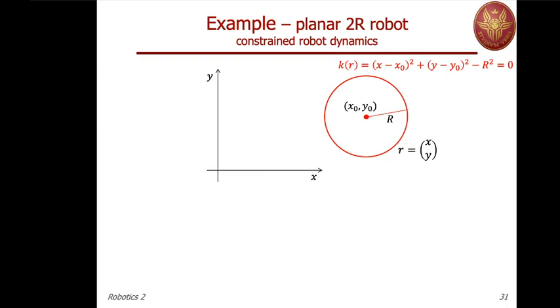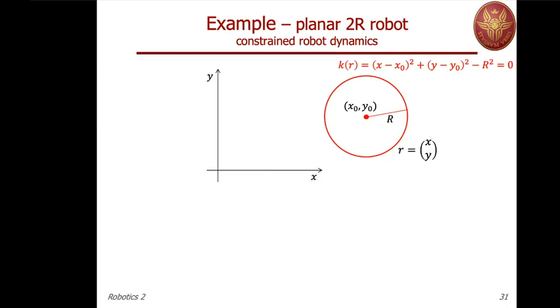So we are just imposing the belonging of some task variable r, so the coordinates x and y, to a circle with center x0 and y0 and radius R. So the r variable are x and y and should satisfy the equation of a circle k of r equals 0, which is nothing else than x minus x0 squared plus y minus y0 squared minus capital R squared equal to 0.